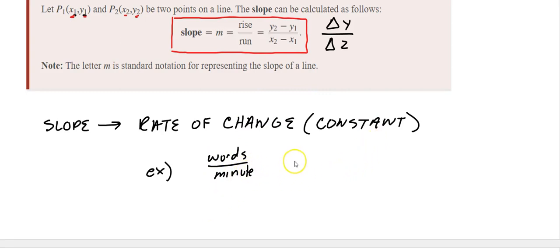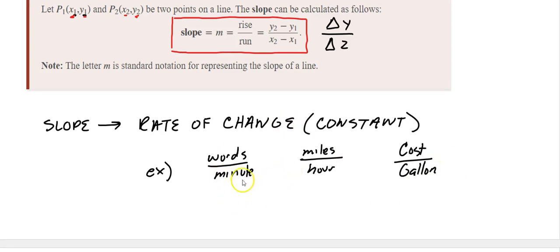Or if you're going to buy a car, how fast does it go, in miles per hour? But one thing that's big on everybody's mind right now is obviously cost per gallon. So the faster your car goes, the more it's going to cost per gallon.